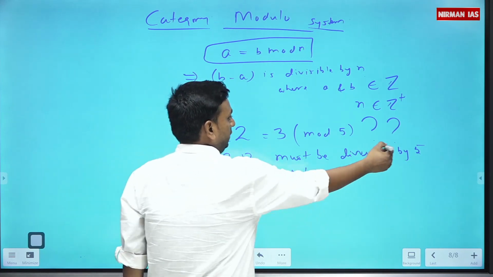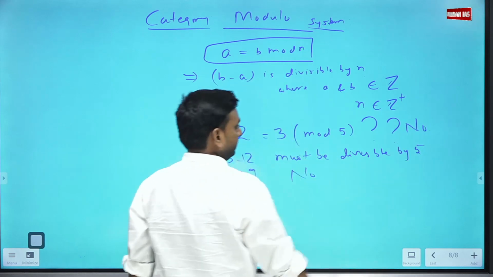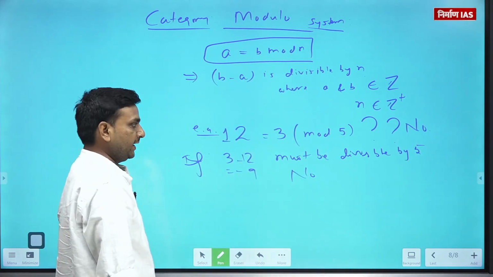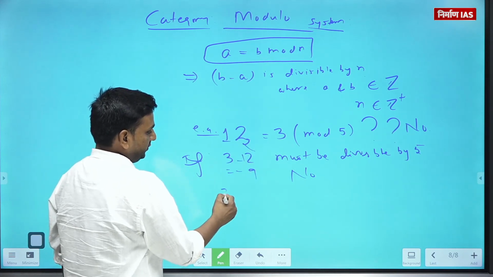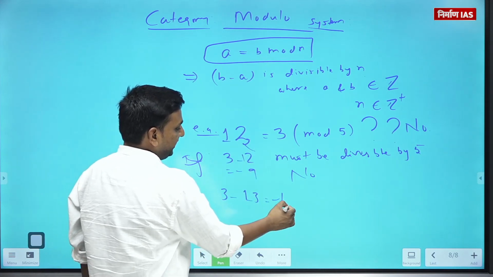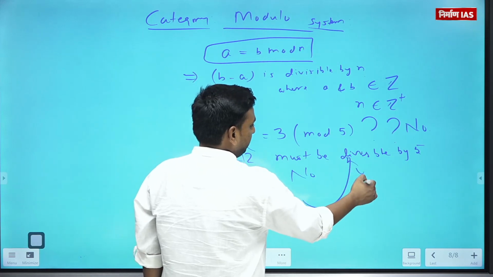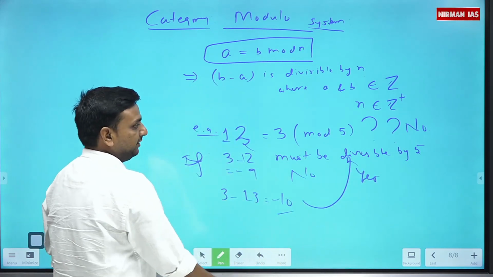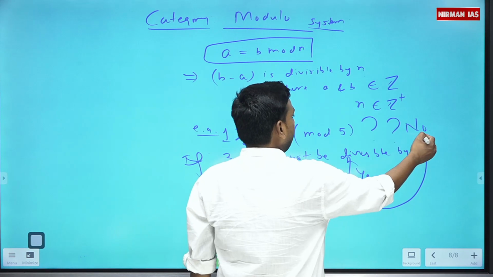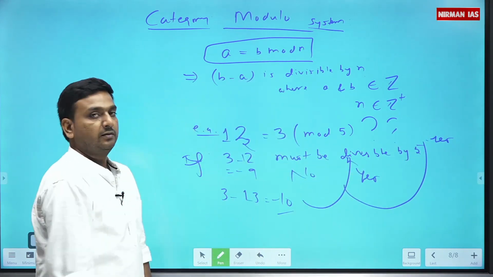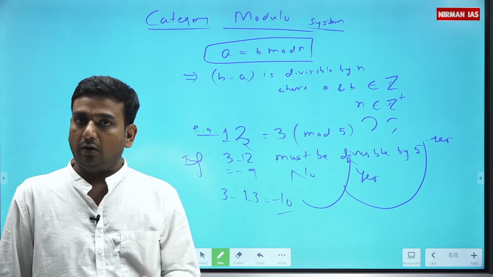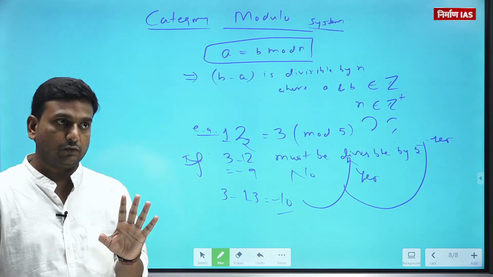No. So this answer is no. If I say 13, then 3 minus 13 is minus 10, which is divisible by 5. So this will be yes. Is that clear to you all? Everyone? Fine.